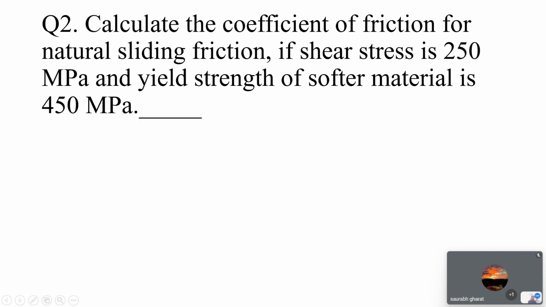Calculate the coefficient of friction for natural sliding friction if the shear stress is 250 megapascal and the yield stress of the softer material is 450 megapascal.